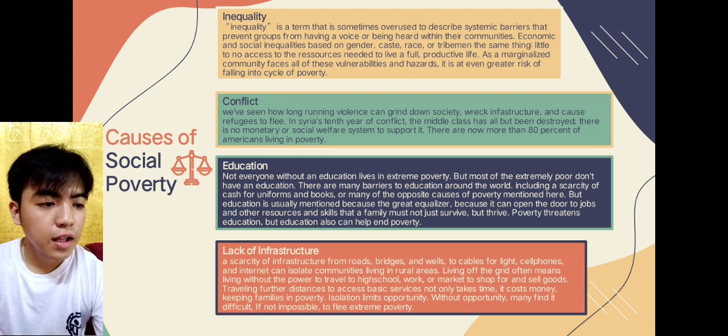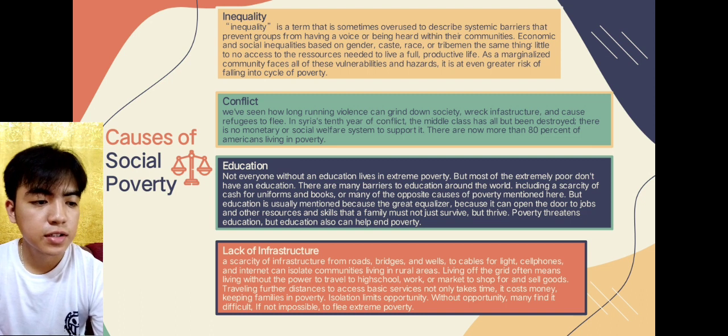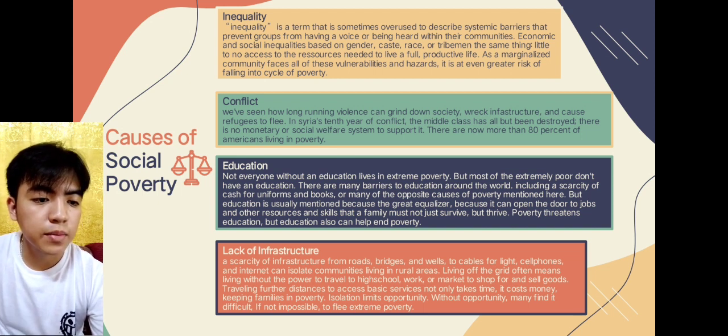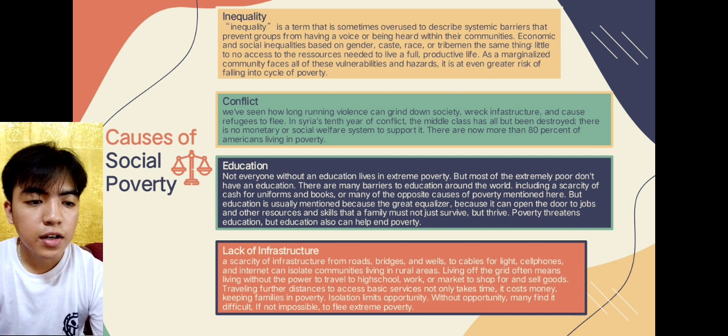Fourth, lack of infrastructure. A scarcity of infrastructure, from roads, bridges, and wells to cables for light, cell phones, and internet, can isolate communities living in rural areas. Living off the grid often means living without the power to travel to high school, work, or market to sell goods.